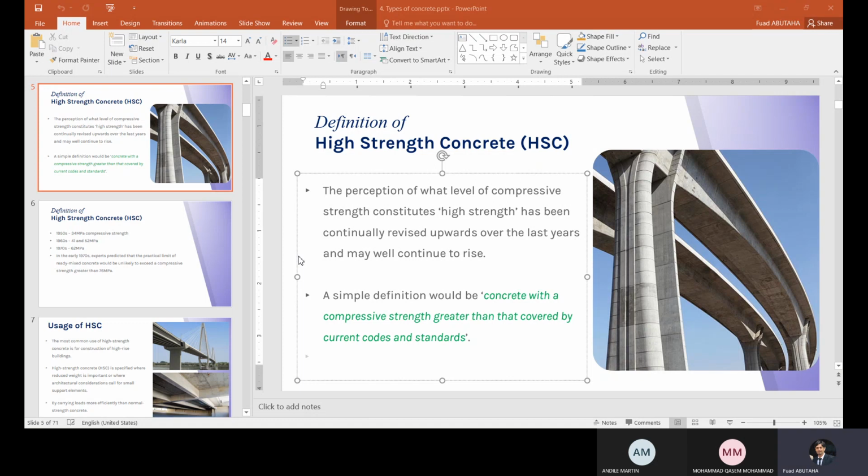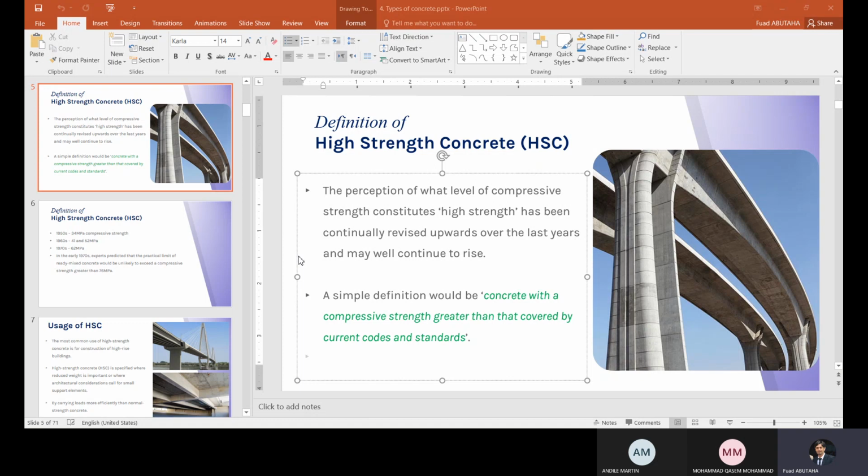The first one is the water content. The first, or the most sensitive parameter or factor that can affect the strength of concrete, is the water content, or we can define it as the water cement ratio.